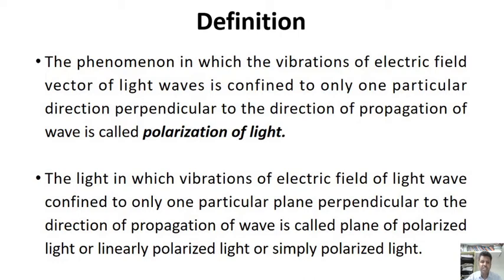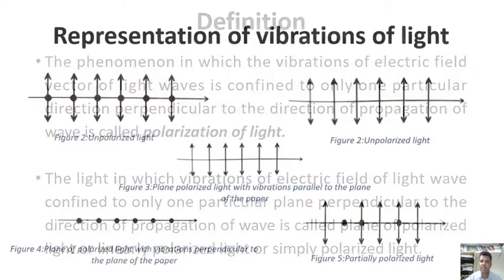The light in which vibrations of the electric field of light waves are confined to only one particular plane perpendicular to the direction of propagation of the wave is called plane polarized light or linearly polarized light, simply polarized light.